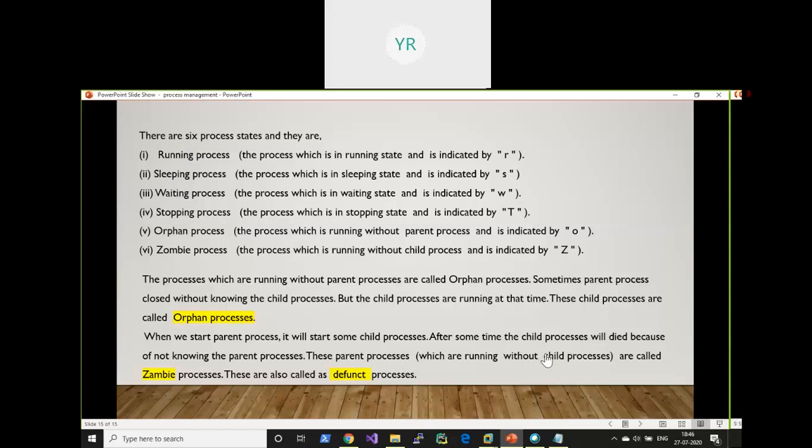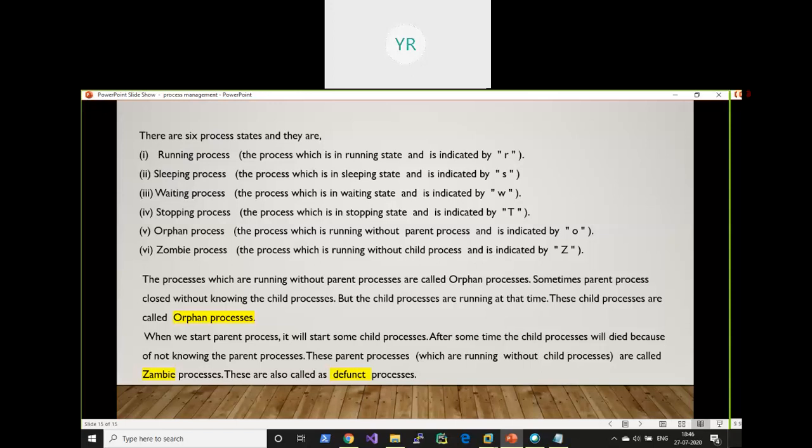In brief, zombie processes are processes that keep running without knowing the information about the child process. Why don't they know? The child process died, it was killed, but it was not updated in the process table.